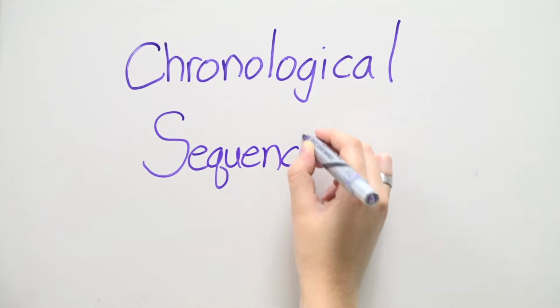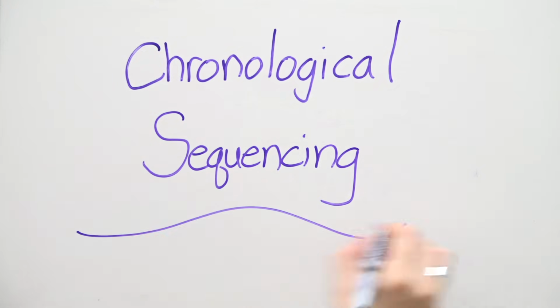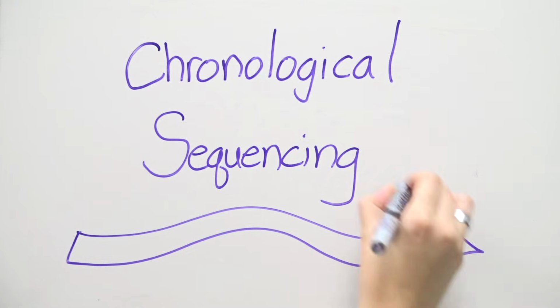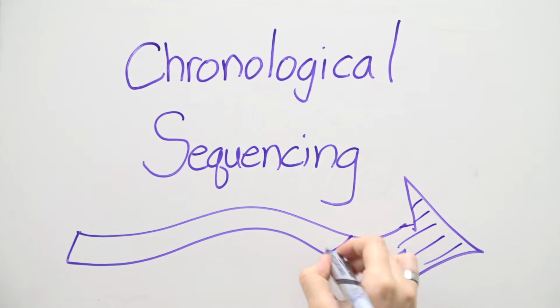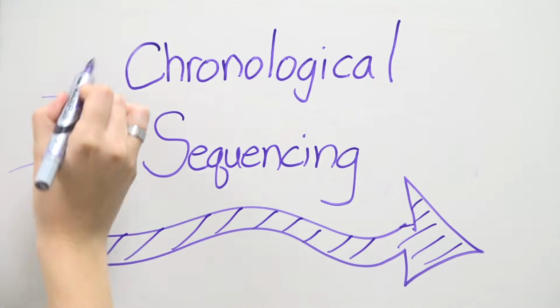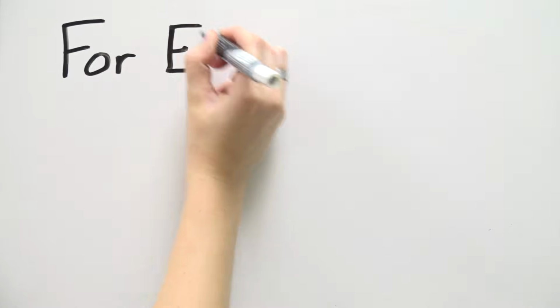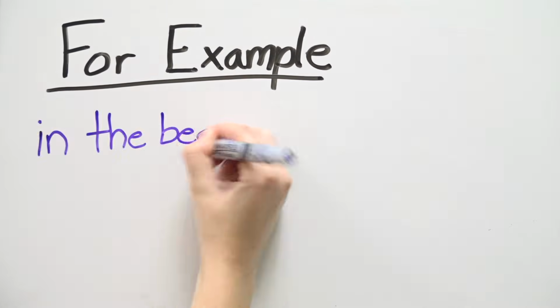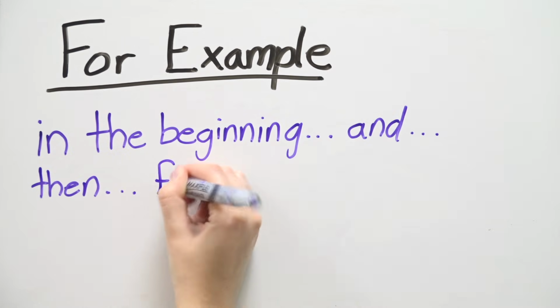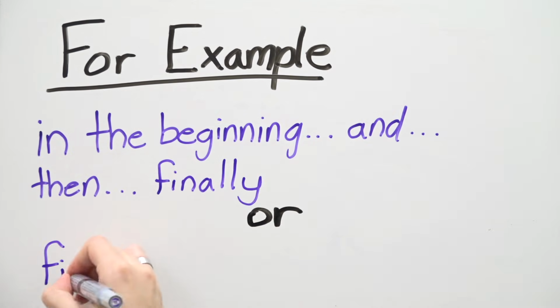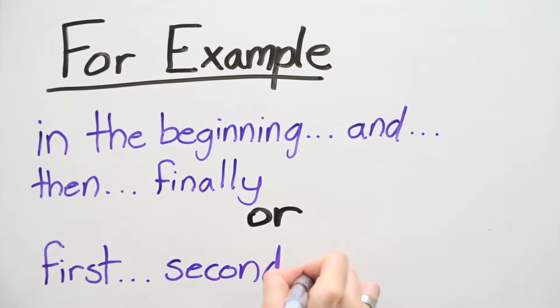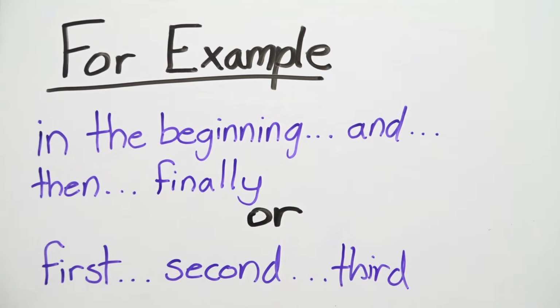A common way for us to understand this order is through chronological sequencing. This can be done with devices that impact the organization or logical sequencing of your essay. Words and phrases like in the beginning, and then, finally, or in some lists, first, second, and so forth, will achieve maximal coherence and cohesion.